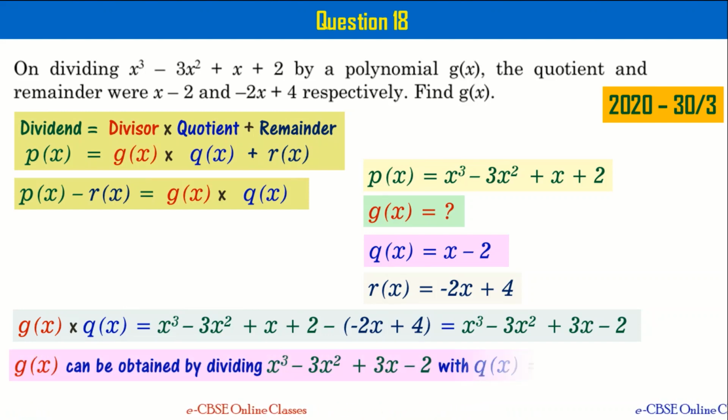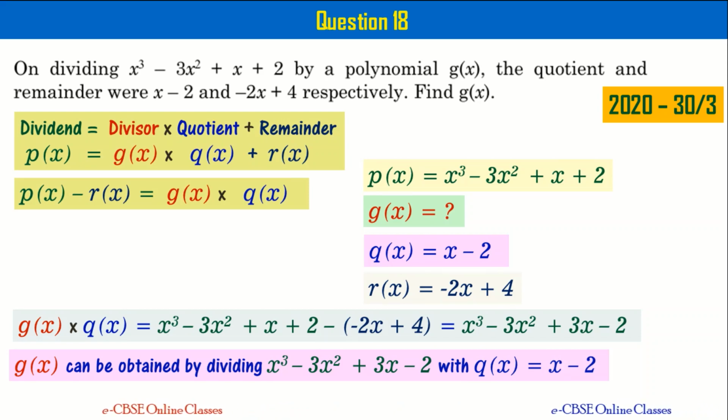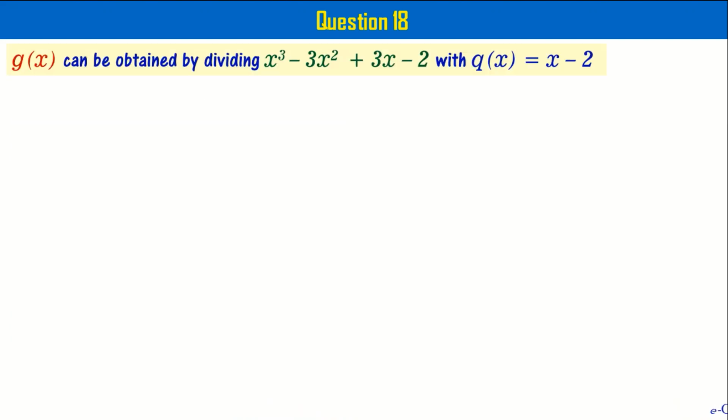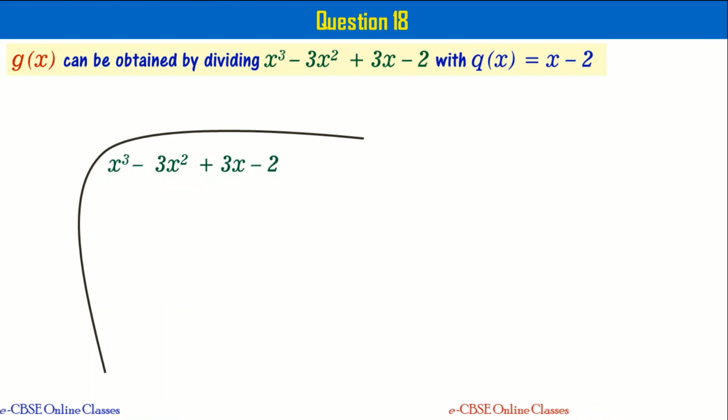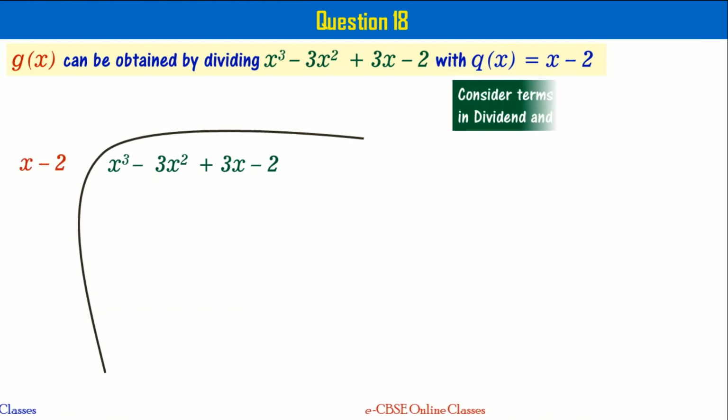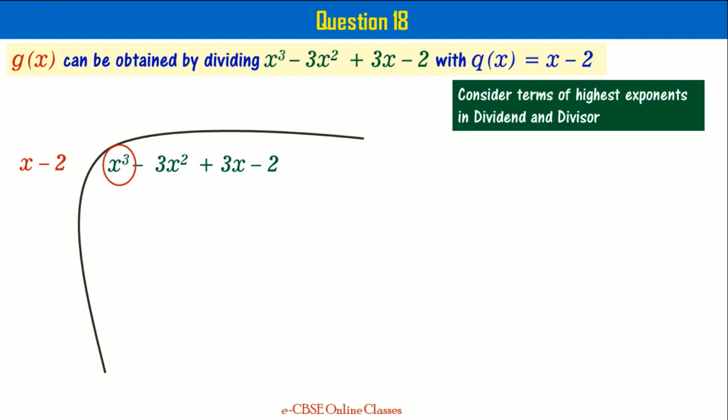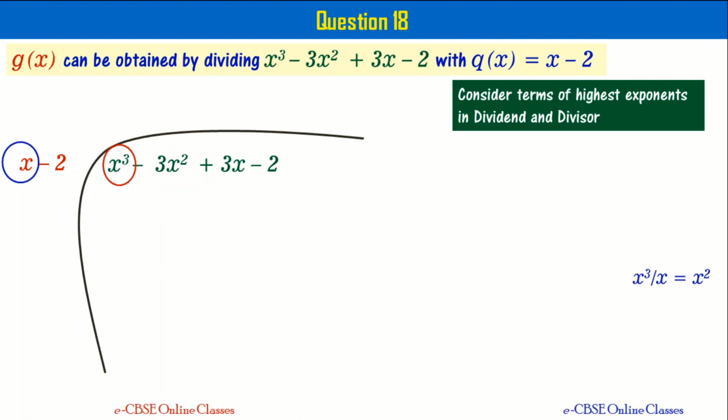What it says now is g of x can be obtained by dividing x cube minus 3x square plus 3x minus 2 by q of x, that is x minus 2. Let's take a note of that. Now it is purely a division problem. You divide this expression by x minus 2 and we are following the same steps. I'm not repeating again, but you see the steps.